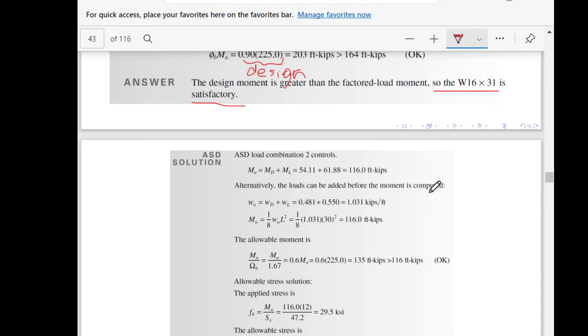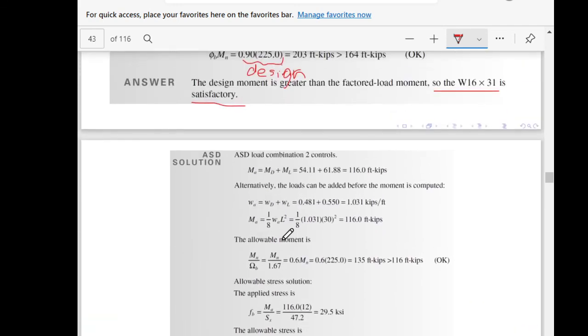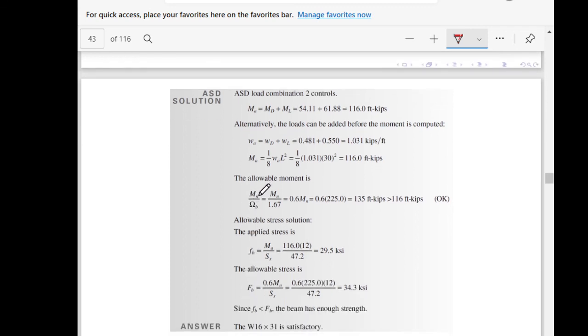Alternatively, the loads can be added before the moment is computed. The uniform loads, 0.481 and 0.550, as we did earlier for the LRFD, use the equation 1/8 uniform load times L squared, equal to 116 foot-kips. For the allowable moment, remember, it is the nominal moment divided by the safety factor.